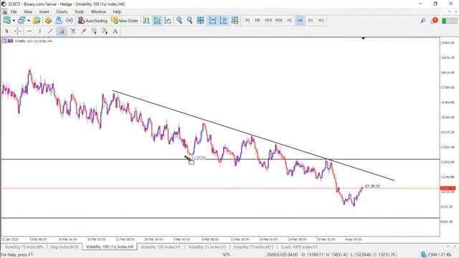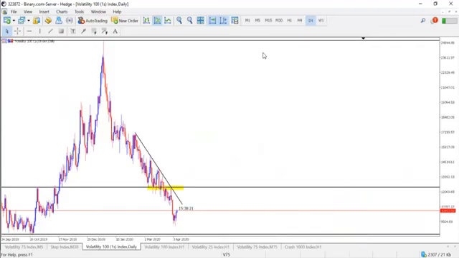Price has been acting as support around this level, and then it acted as a resistance around this level. So this is our level of interest, even in future, because this level acted as resistance previously. It acted as a resistance here. We shouldn't forget that.